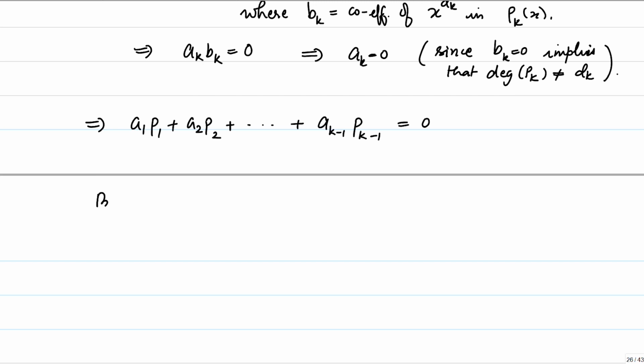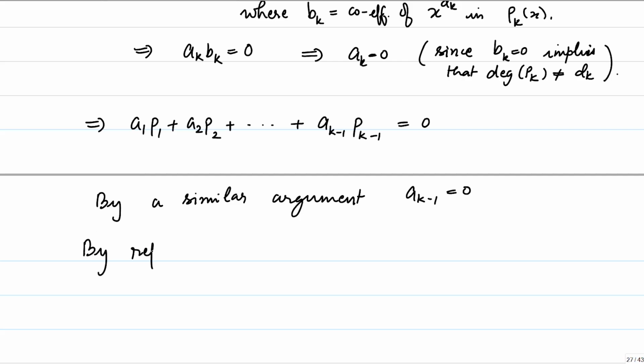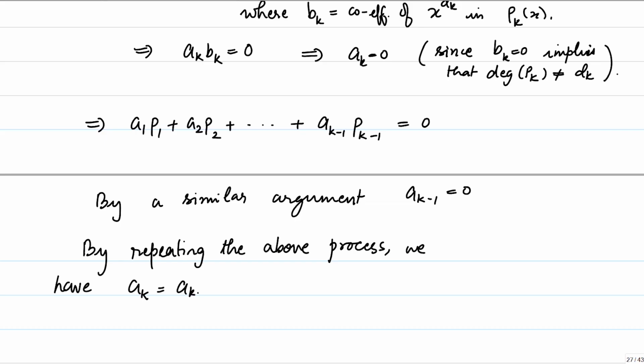But by a similar argument, we can conclude that ak minus 1 is also equal to 0, and so on. By repeating the above process, we have ak equal to ak minus 1 equal to up to a1 equal to 0.